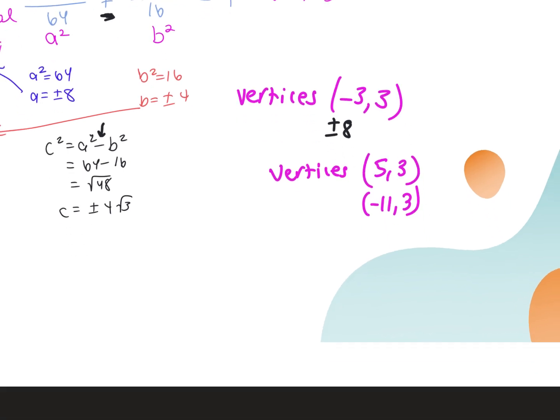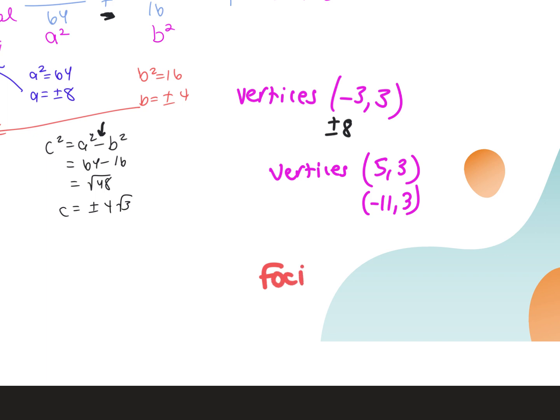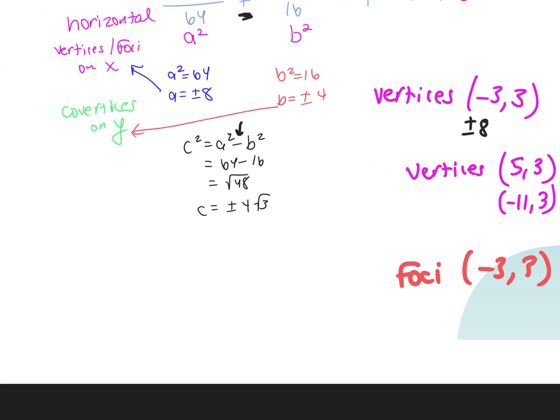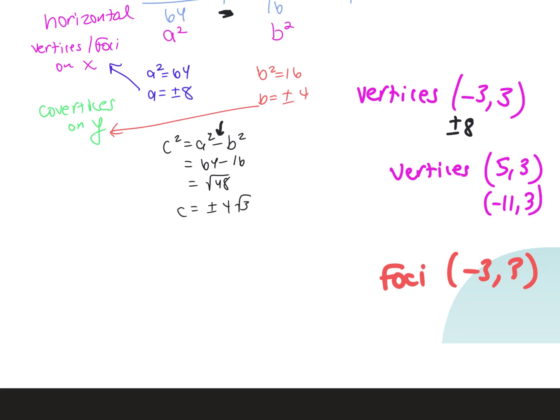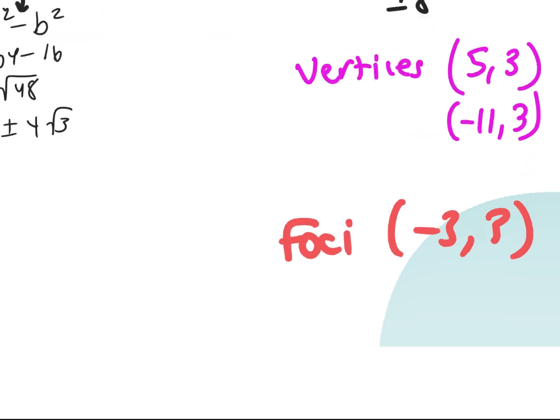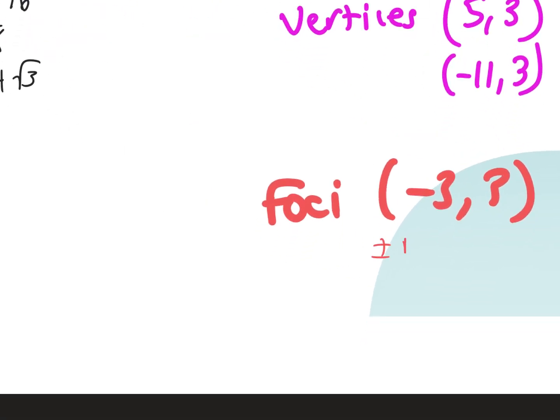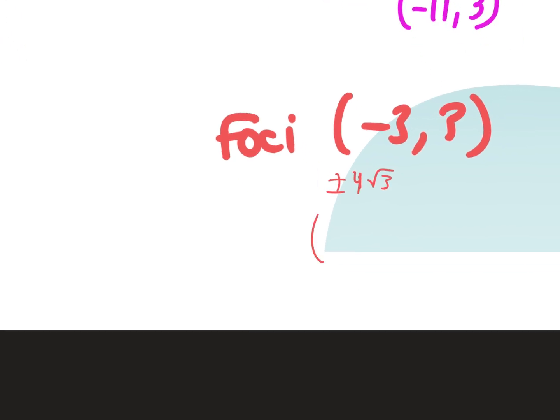All right, where are my foci? Again, from the center, negative 3, 3, what number am I adding or subtracting, and to what? Plus or minus 4 square root of 3, right? This isn't going to be pretty, but it's no big deal.